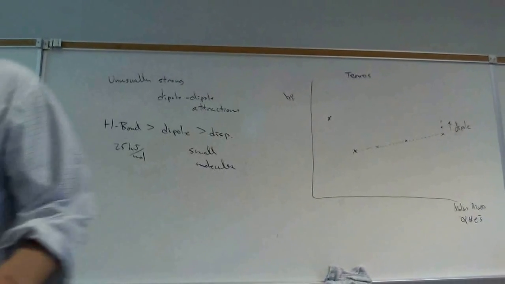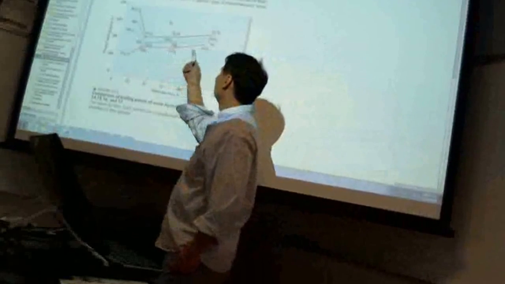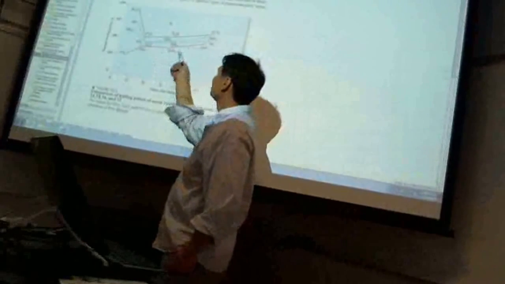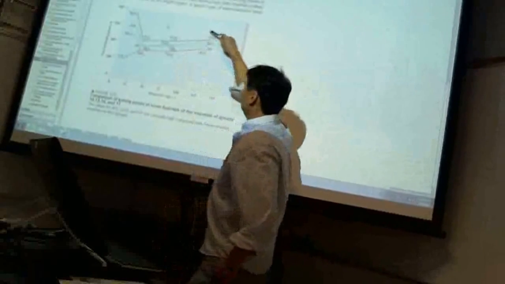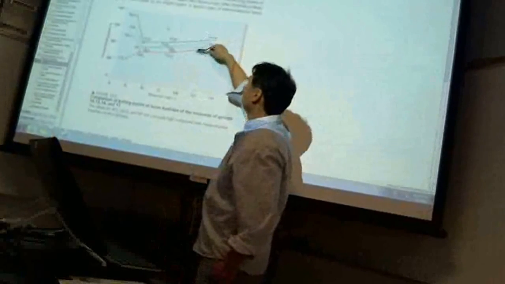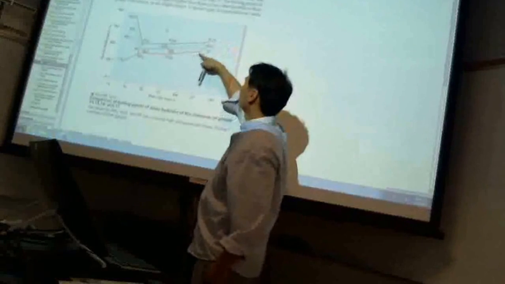So what this chart is showing is increasing molecular mass as we go left to right, so stronger dispersion forces, electron cloud more polarizable. And then for items of similar molar mass, we're looking at increasing polarity. And so let's ignore HI for right now.